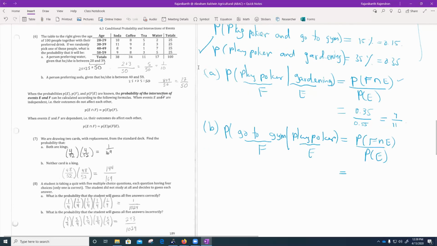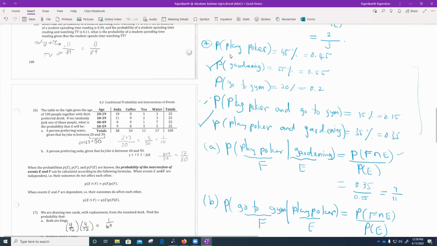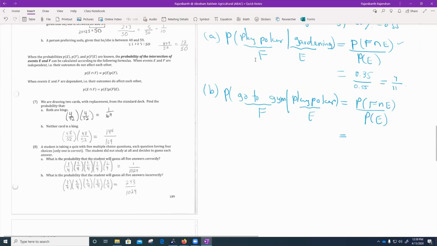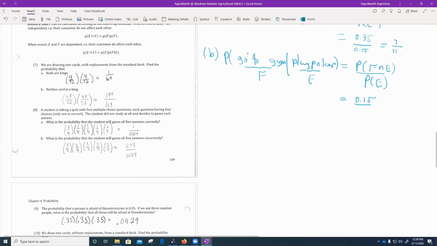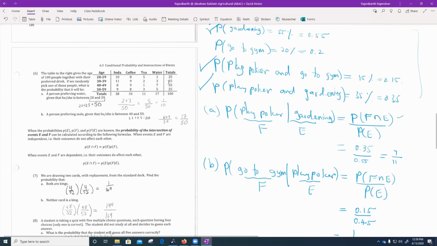Oh, it is there: playing poker and going to the gym is 0.15, over the probability of E, which is playing poker. Where's that? It's at the top. Playing poker is 0.45. So if you simplify this, this is just one term.